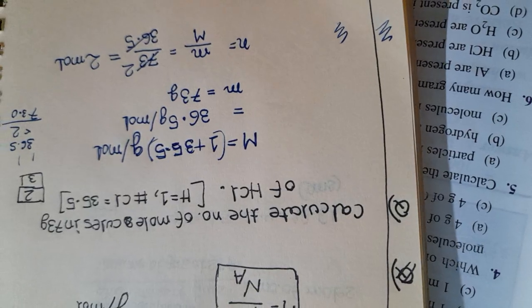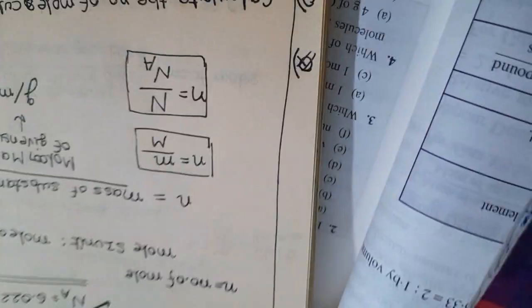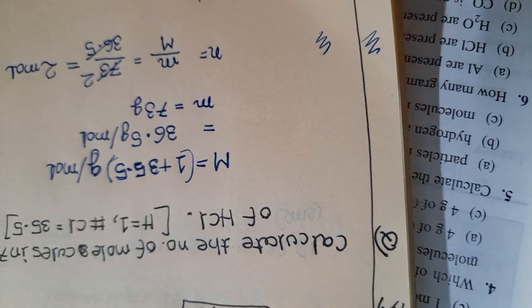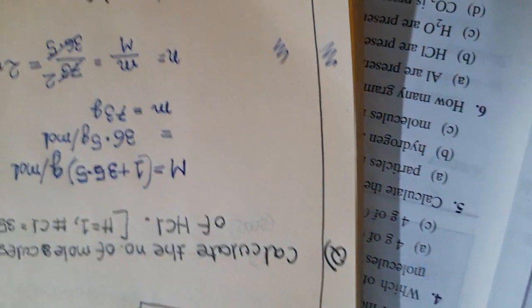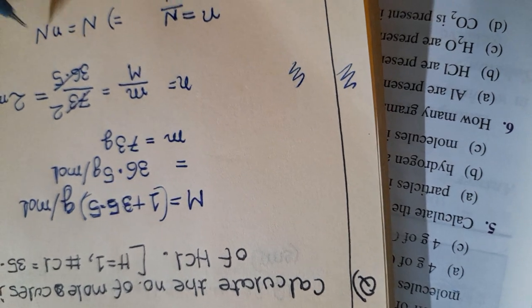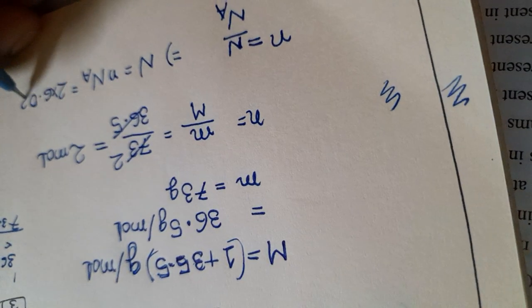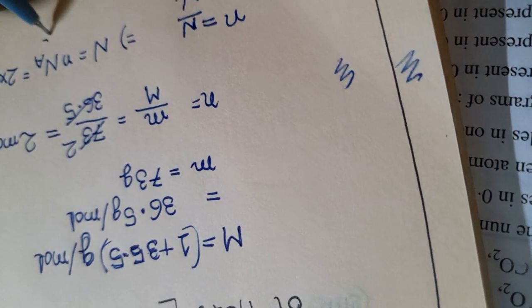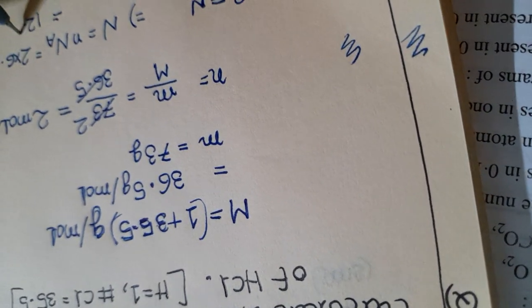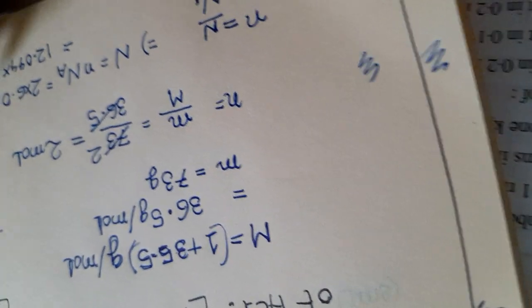Now we know n equals number of molecules over Avogadro's number. We know this formula just now. Put N equals n NA. Put 2 into 6.022 into 10 to the power 23. So it's 12.044 into 10 to the power 23.